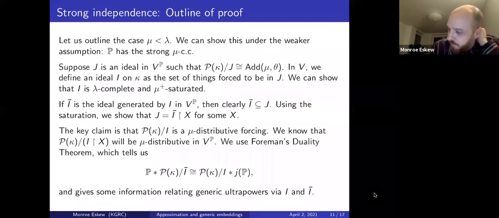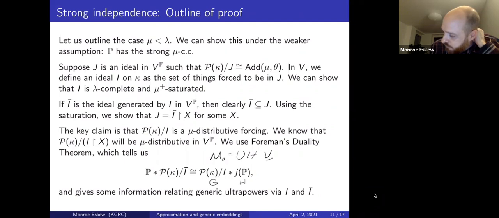So actually, let's say M0 is the ult of V by G, and H, and this is H prime and G prime. So let's say you have this, and M1 equals ult V H prime by G prime.